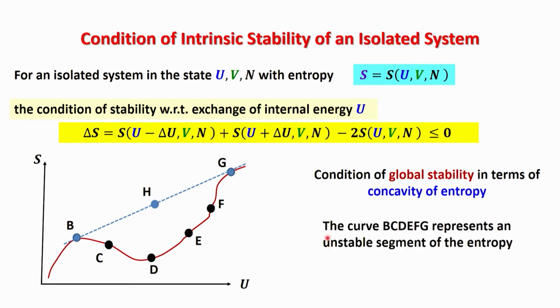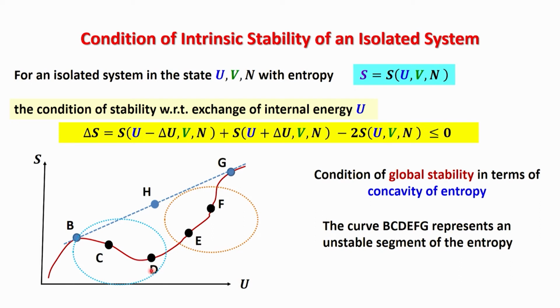Now, moving ahead, I would also see that in the unstable segment there are two different segments over here. Here you see the entropy is decreasing with increasing U, here entropy is increasing with increasing U. But now you know that (∂S/∂U) at constant V, N is 1 by T. Therefore, whenever you see a segment like this, it implies as if you are having negative temperature, which by the formulation of thermodynamics is not allowed.